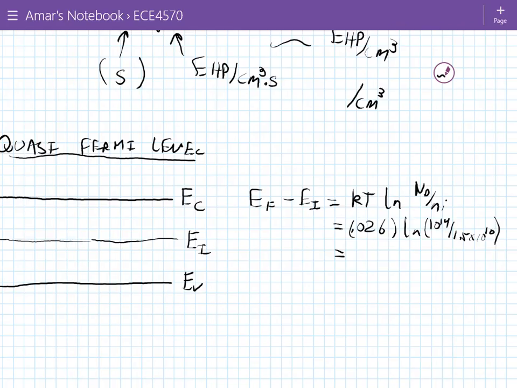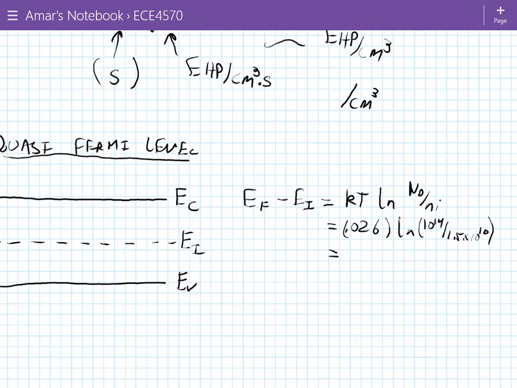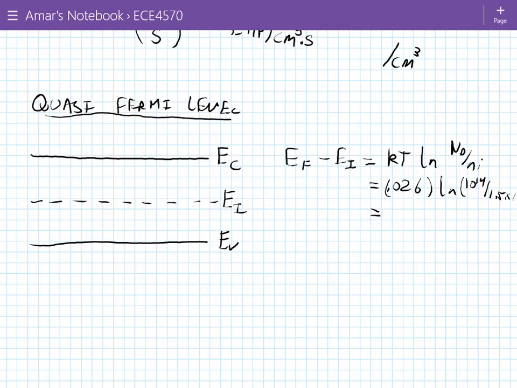can someone help me here? 0.23? Okay, thank you. 0.23 electron volts.